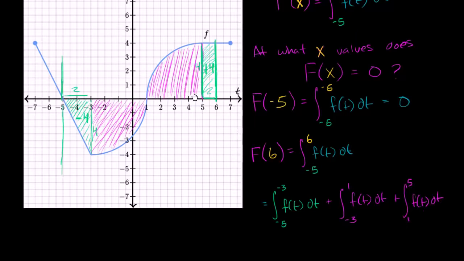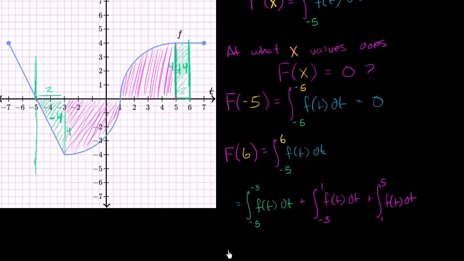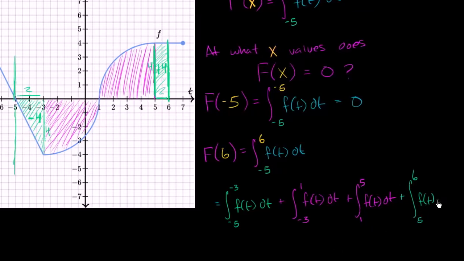That describes this right over here. And then finally, plus the definite integral between 5 and 6 of f of t dt.